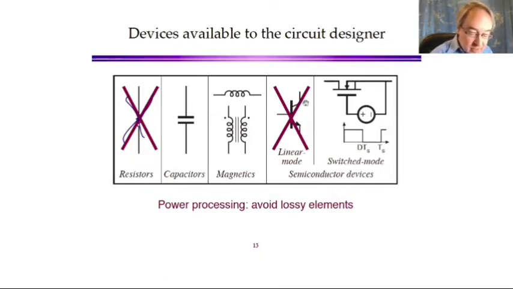We avoid linear mode transistors for the same reason that we avoid resistors. A Class A amplifier, for example, operates with a transistor having voltage across it and current through it at the same time, and so it consumes power. On the other hand, switched mode transistors, or transistors that are operated as on-off switches, are good. They don't consume power.